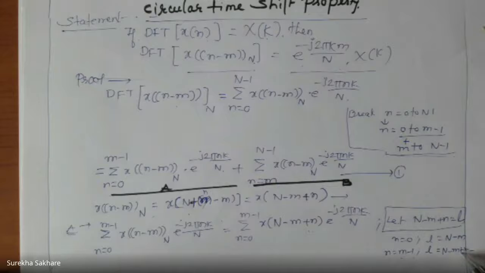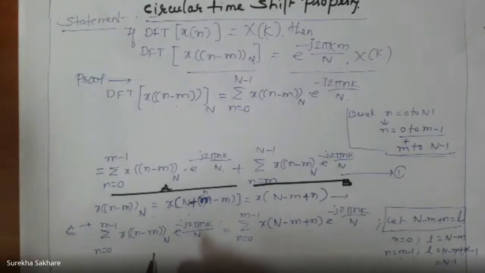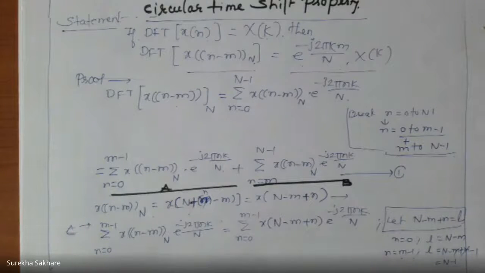So this becomes N minus 1 and m getting cancelled. The new values of L will be N minus m to N minus 1.